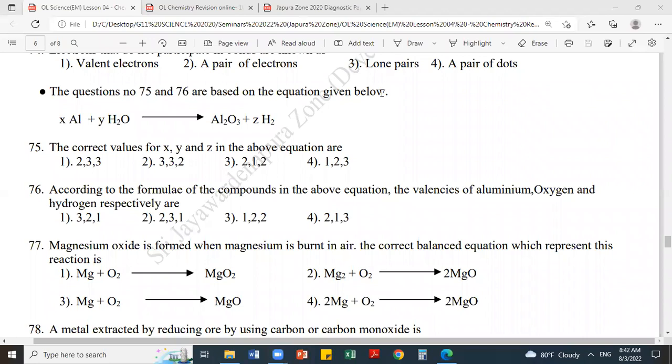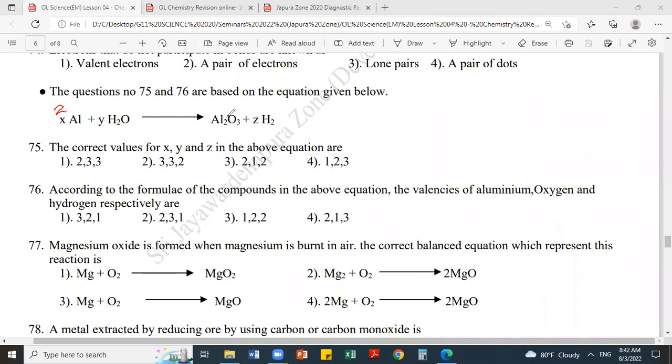Look at the screen, everyone. Aluminium, right hand side 2. Therefore, definitely you can put 2 in front of this. When you put 2 aluminium, aluminium is balanced, then oxygen and hydrogen.